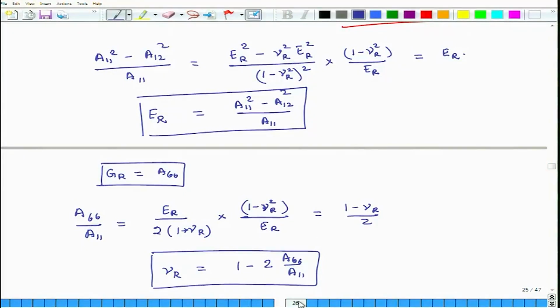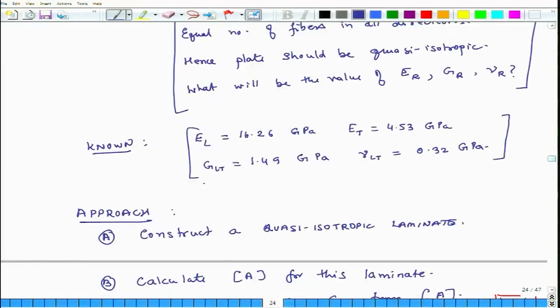So with this background, what we will do is we will actually calculate for a material system whose unidirectional lamina has these properties. Okay.